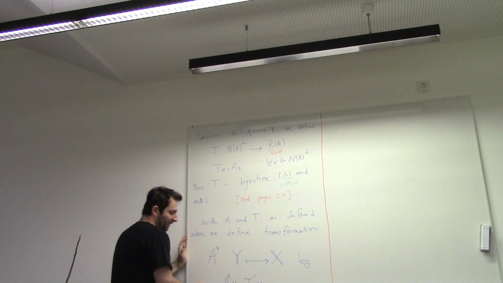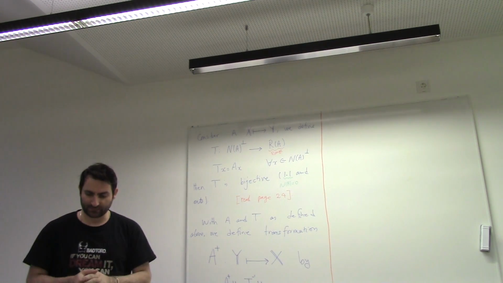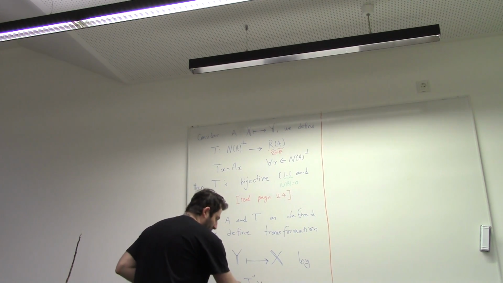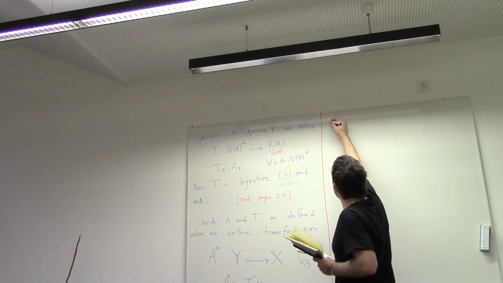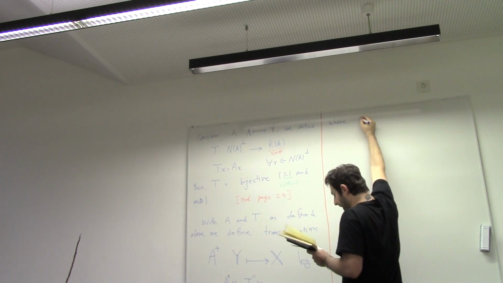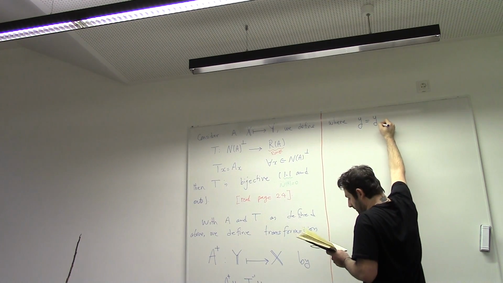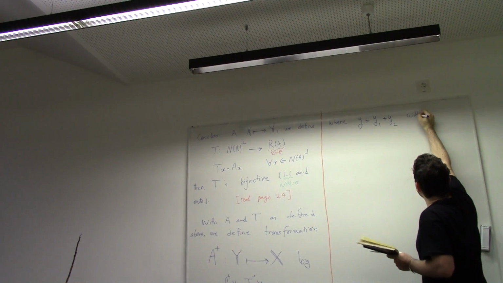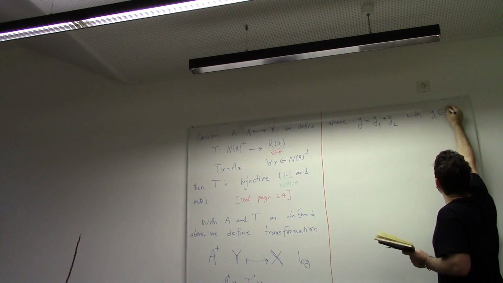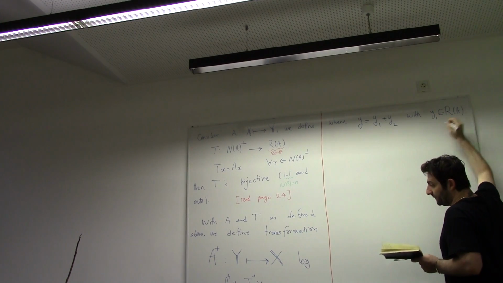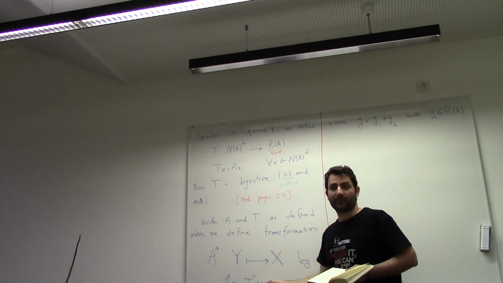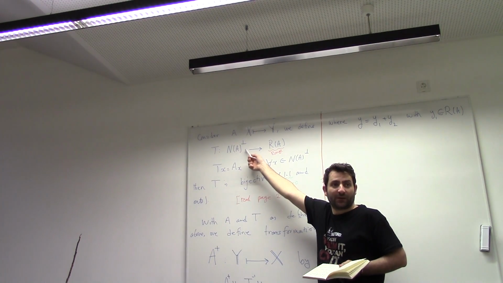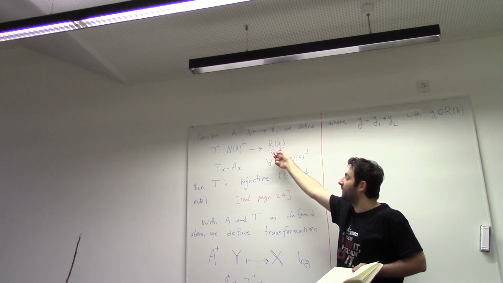But the pseudo-inverse is defined in such a form, and this is y1, not y, where y is equal to y1 plus y2 with y1 belonging to range of A, because our T is from N(A) orthogonal complement to R(A).